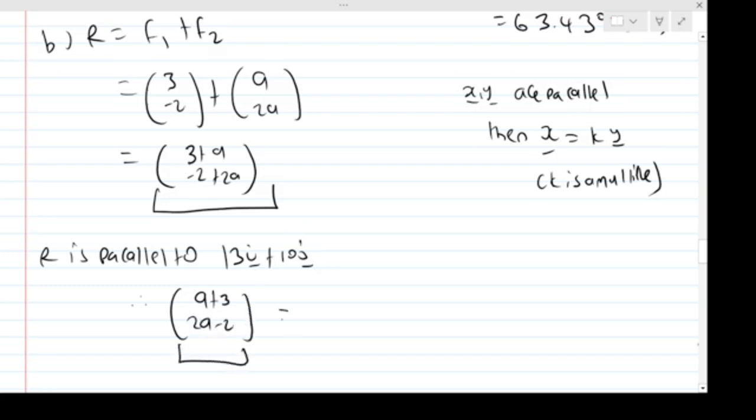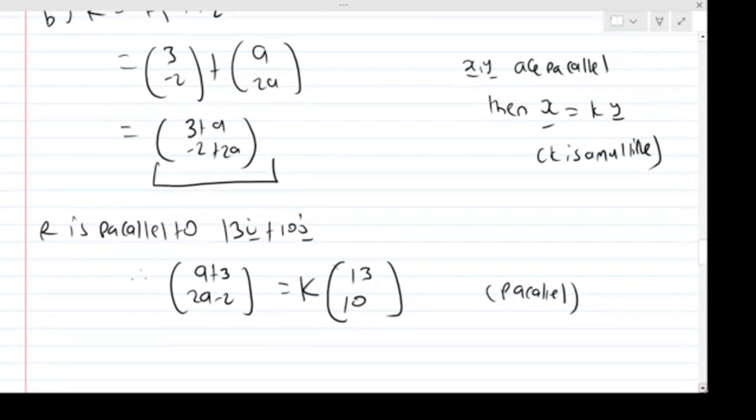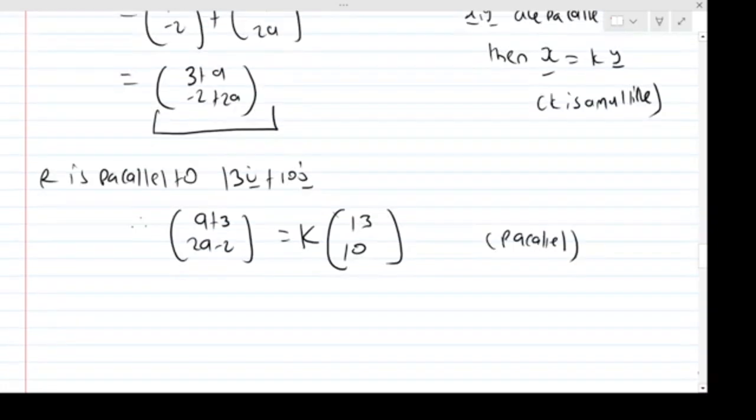Because it's parallel to this vector, it's going to be a multiple, so this number k, a multiple of this vector 13, 10. That's because they're parallel. At that point, it's just some algebra. If I multiply this by k, that's going to be 13k and 10k. So therefore, that's 3 plus a, 2a minus 2.